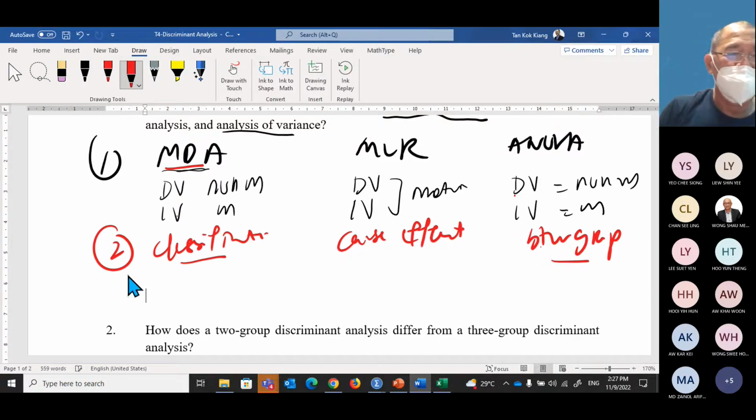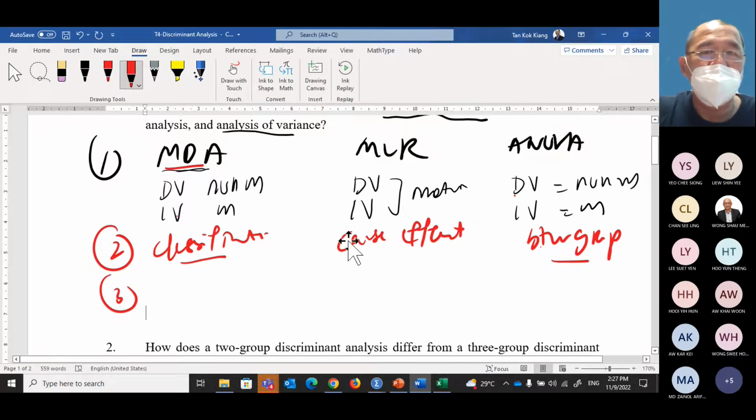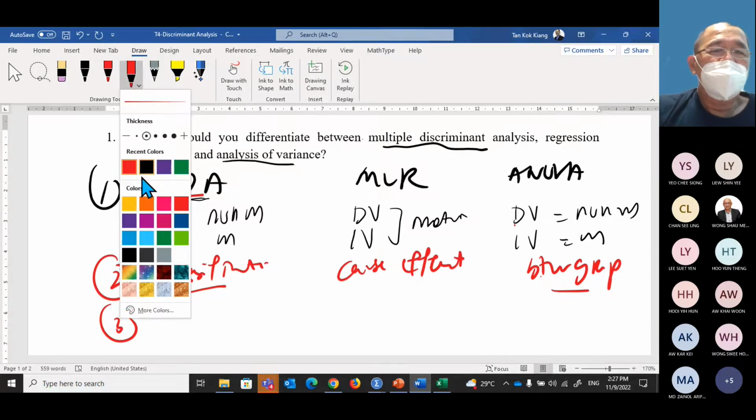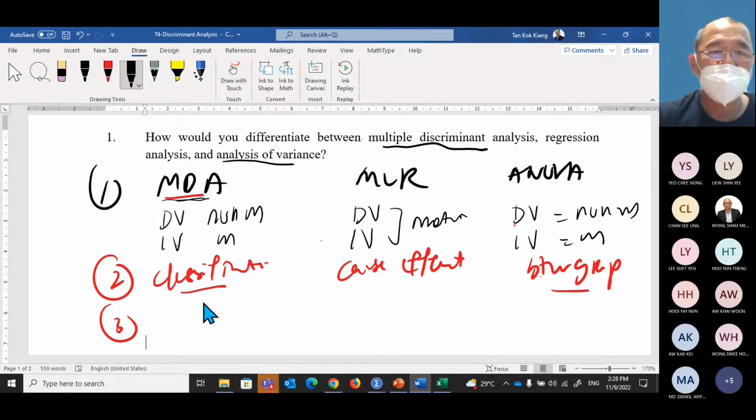Any other different thing? MDA doesn't have an equation, while multiple linear regression has an equation. The focus will be different.